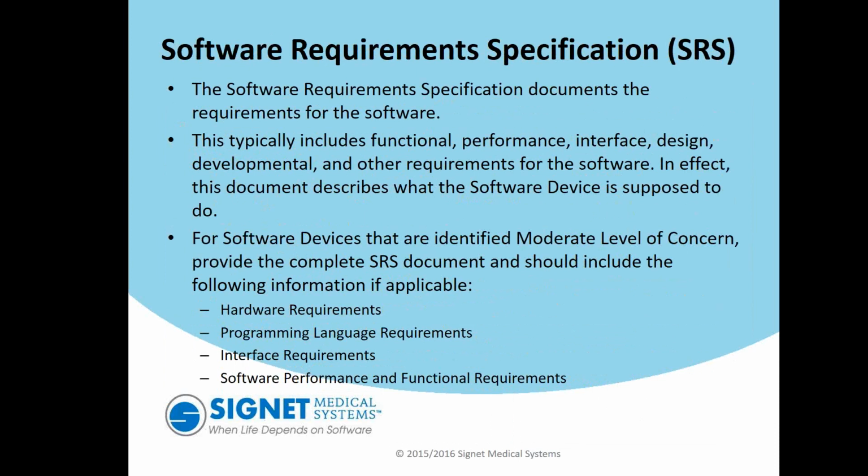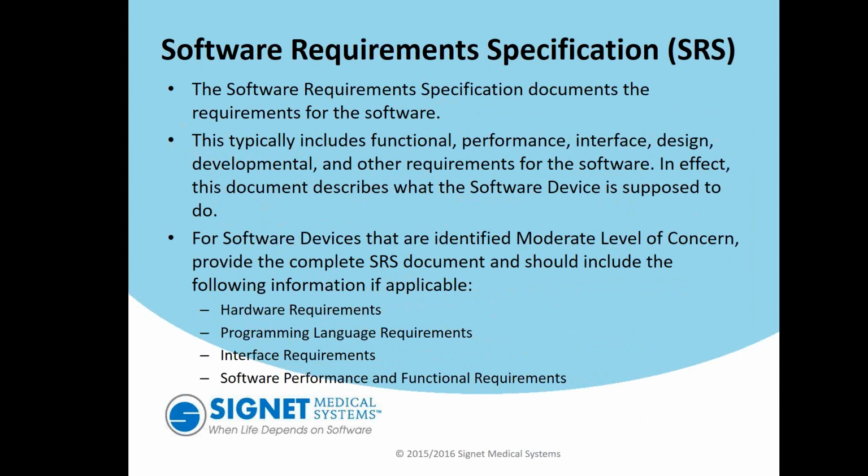And it's important within the software requirement specification that you define it clearly. You're telling your engineers clearly what you want developed, but you're also telling the FDA specifically what you have designed so that they know how your product works.